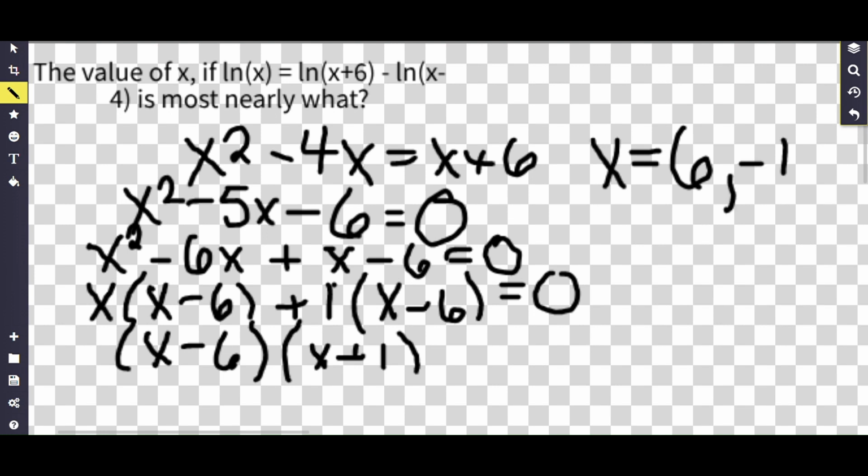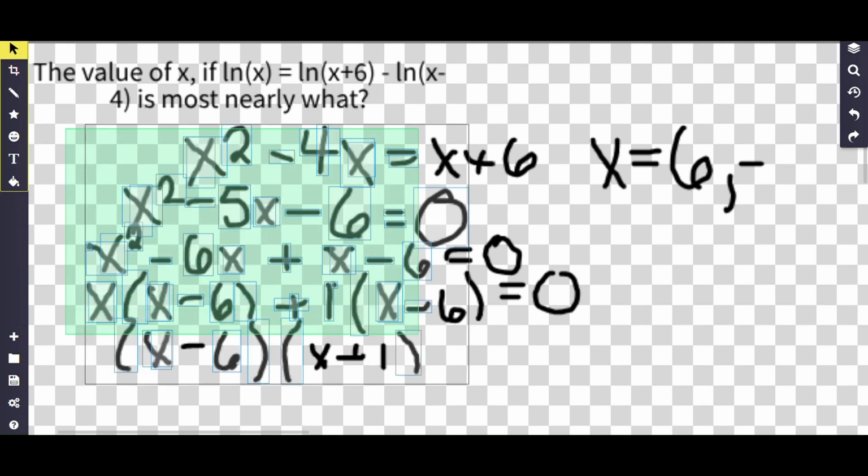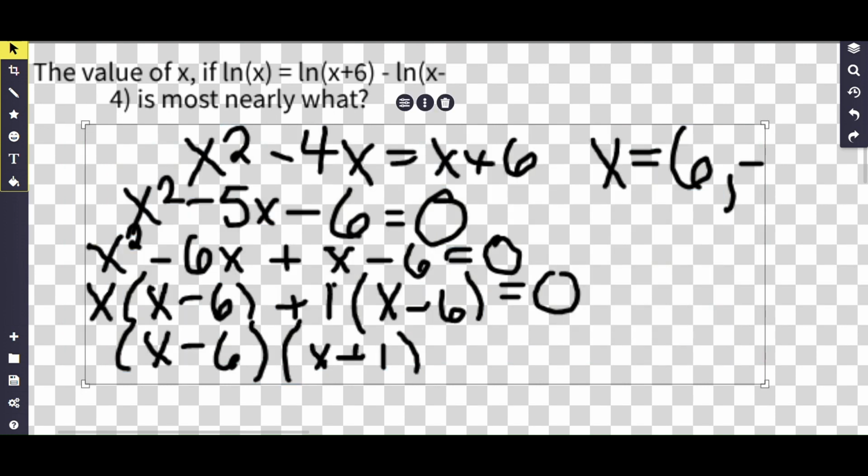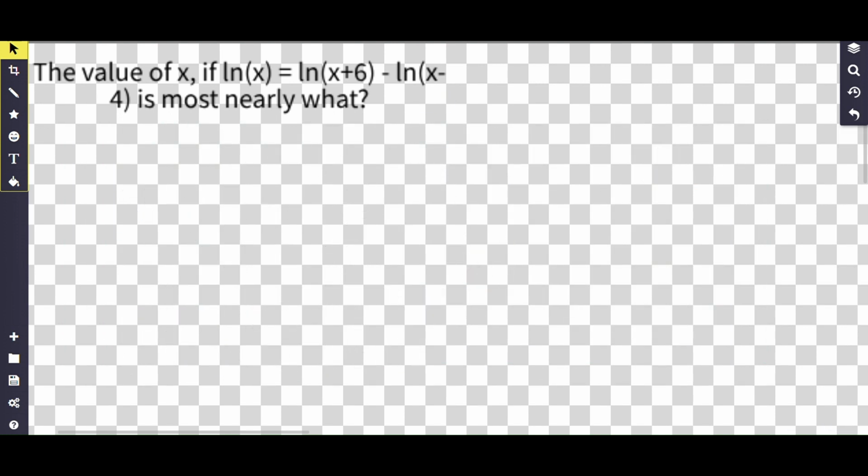Keeping that in mind, depending on the solutions you're given, if you're given A, B, C, or D, you want to see what's right and what's wrong. So you want to put it through these condition tests. Bear with me as I clean up here. These condition tests are going to look something like this.